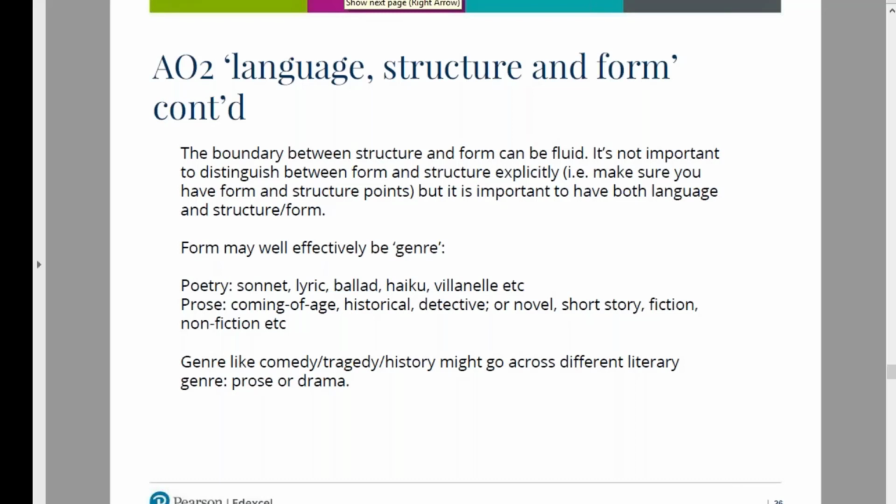So form is sometimes effectively genre. For poetry, it might be something like, what type of poetry is it? For prose, it's maybe about the different categories of novels and how the text that the student's reading fits into that hierarchy or taxonomy of text types.